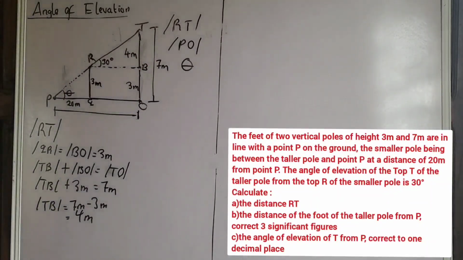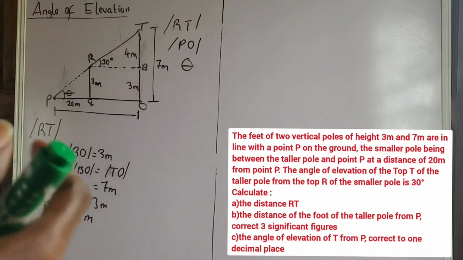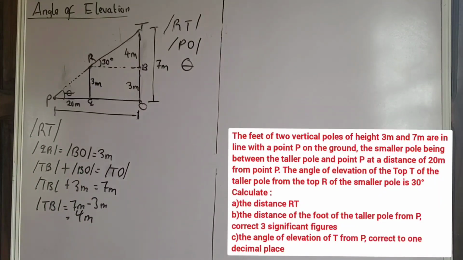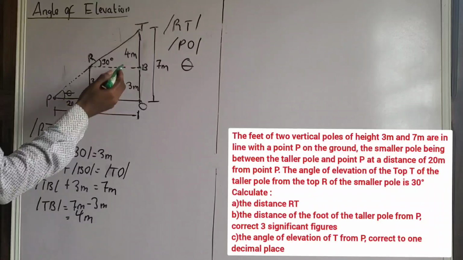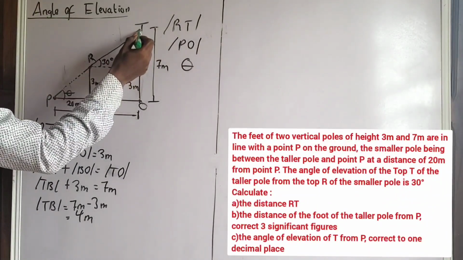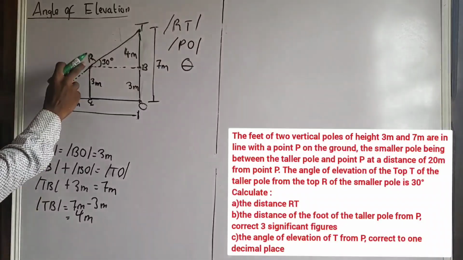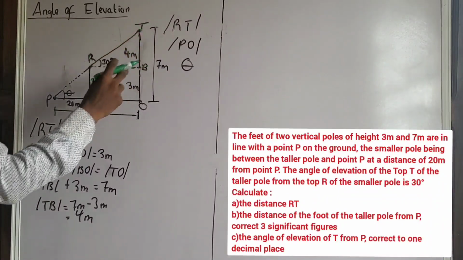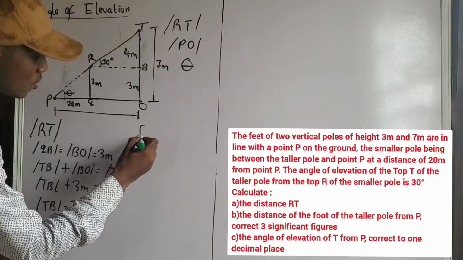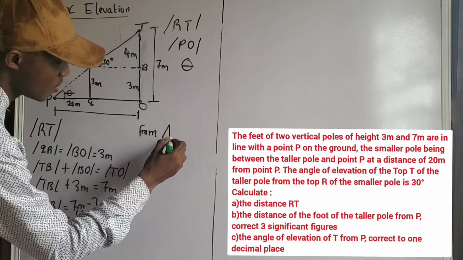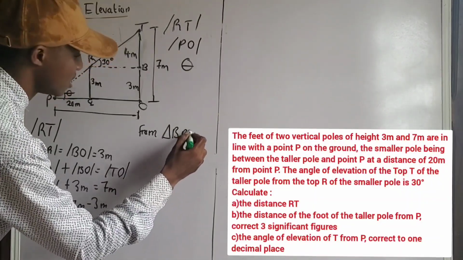You see, we are taking this step by step. I submit to you, if you pay attention, you're going to understand everything as far as this topic is concerned, because it's simple. We have already gotten this side as 4 meter. Let us bring out triangle BRT.